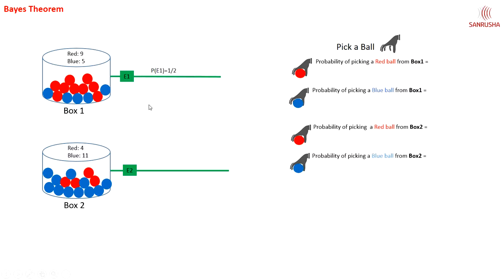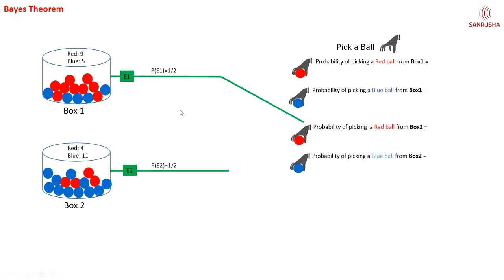So the probability of you picking the ball from box 1 is 1 by 2, because there are only 2 events possible. So the total number of combinations possible is 2. Out of that, if you pick from box 1, the probability of that happening is 1 by 2. Likewise, the probability of picking from box 2 is 1 by 2.